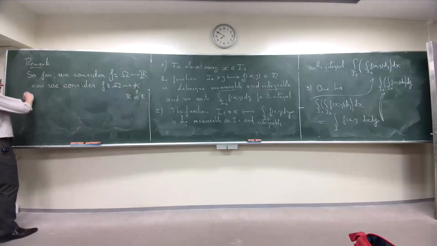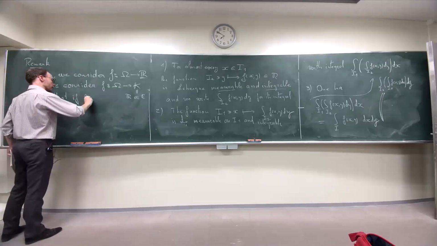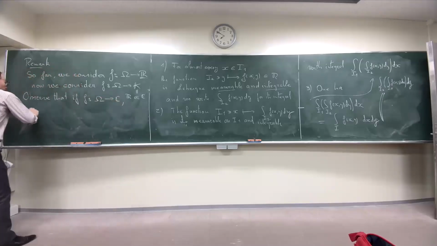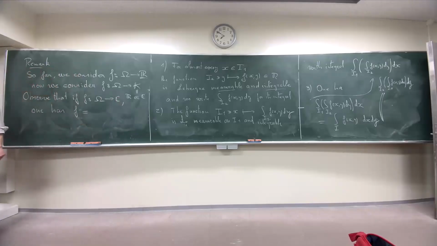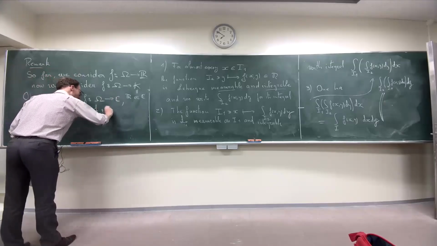So if you don't like C, you can always think about R. If you prefer complex functions, you can take C instead of R. But observe that if f is from omega to C, I can always write f as its real part plus its imaginary part: f plus f bar.